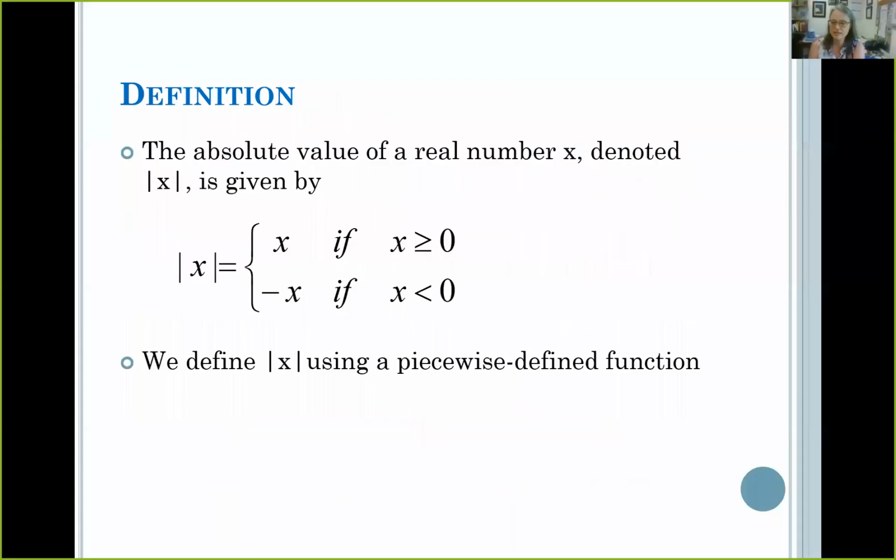But let's take a look at the formal mathematical definition of absolute value. We define the absolute value of x as a piecewise function.